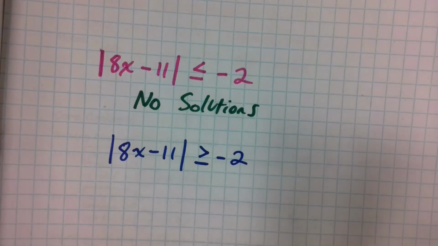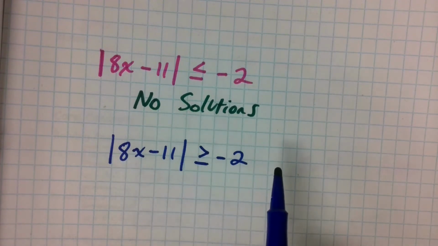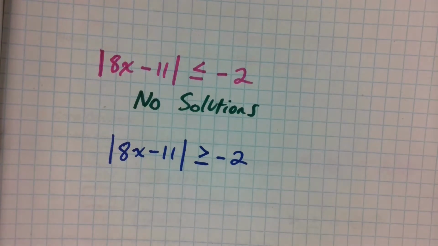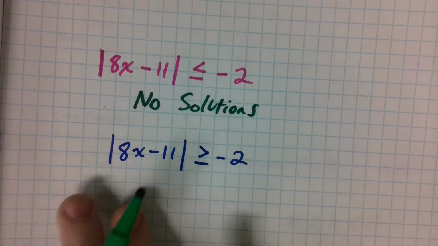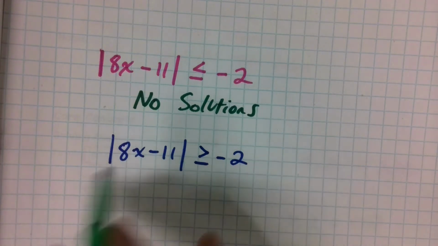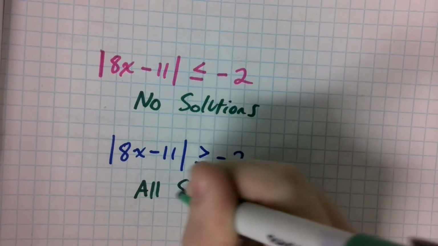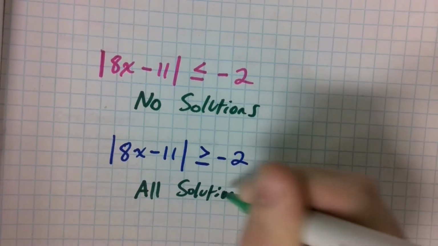No, it will never be negative 2. But will it be greater than negative 2? Well, yes, it has to be bigger than negative 2. Our absolute value will become just a positive number. So it's always going to be bigger than negative 2. Meaning, we would end up with all solutions for this particular problem.